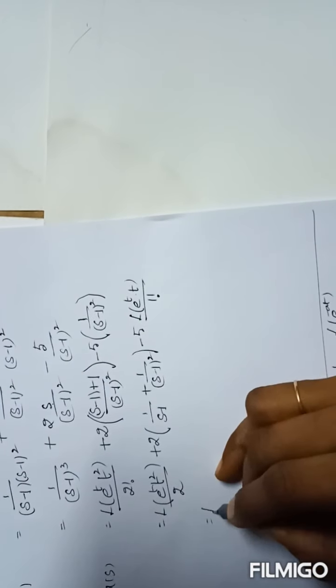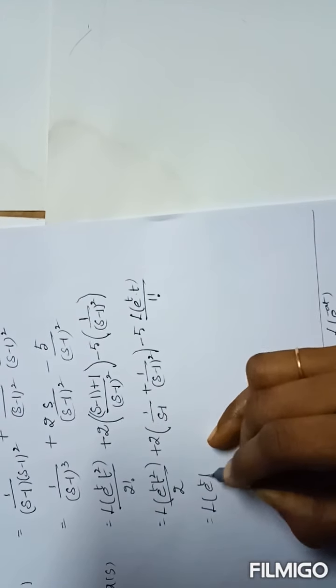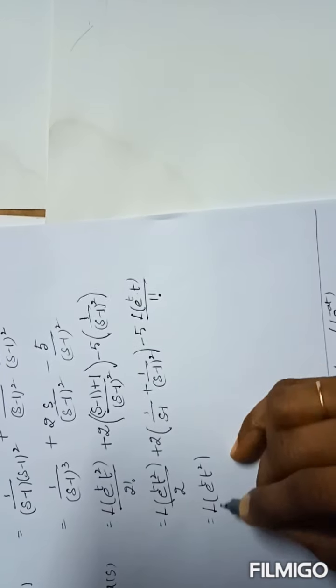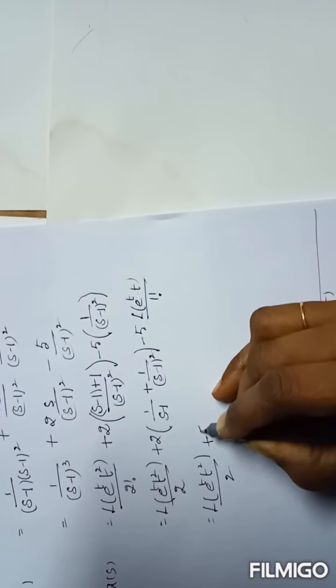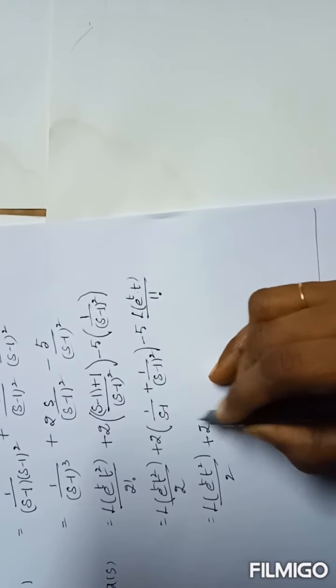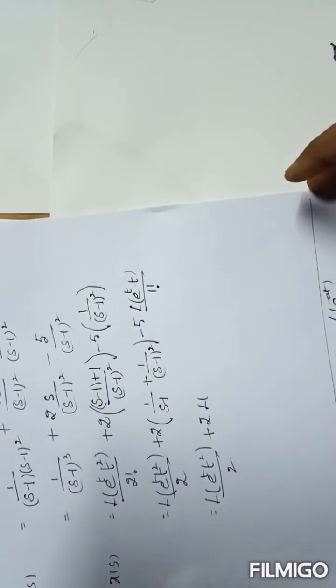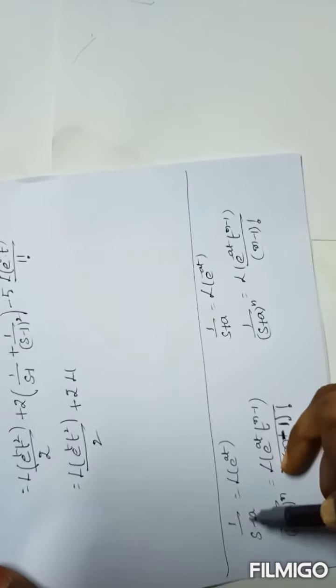Now that is equal to L of e power t square by 2 plus 2 into, here L of 1 by (s minus a) is the formula of L of e power at, no whole power is there.